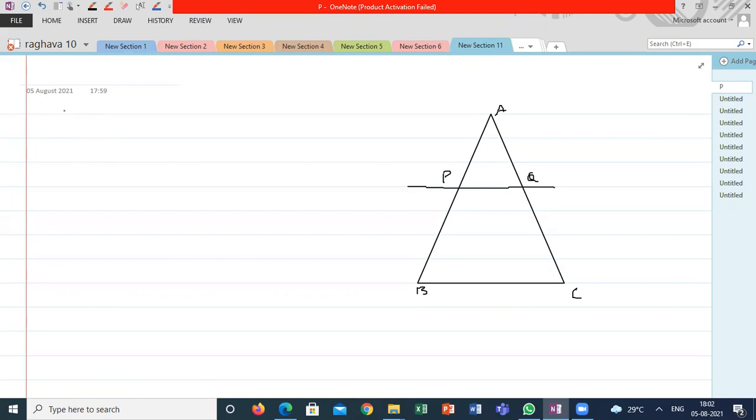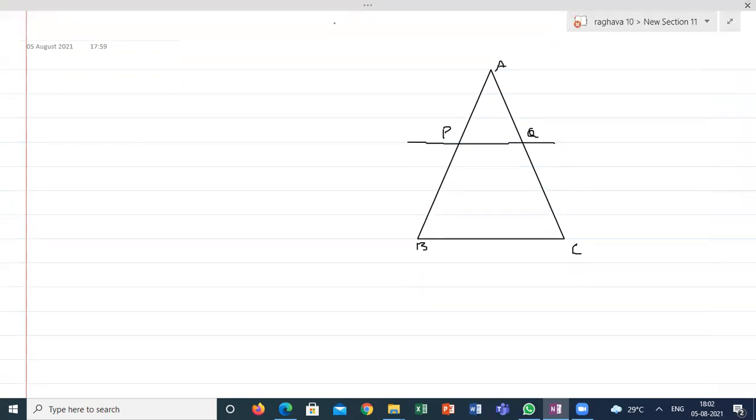A theorem statement is a standard statement that we can use in other places as a standard formula. So first we are going to write the statement of the first theorem, the basic proportionality theorem.